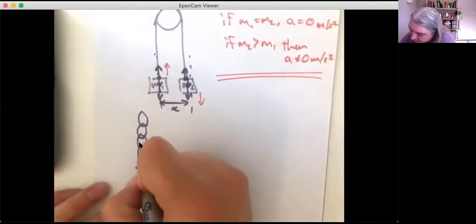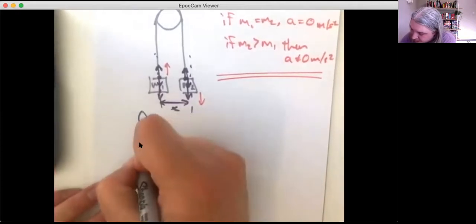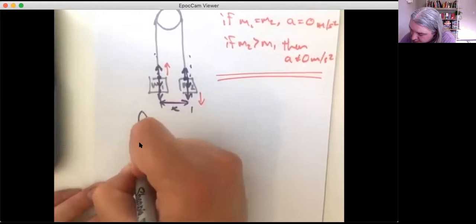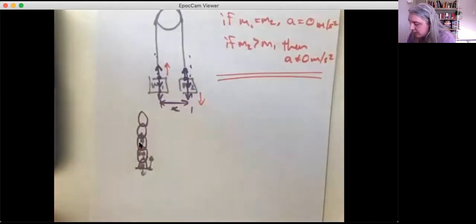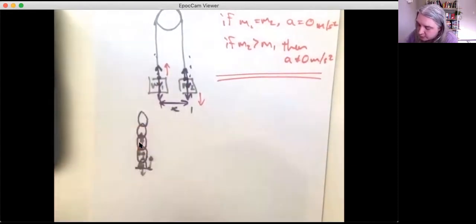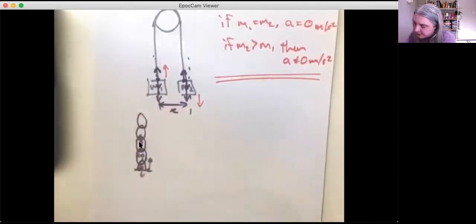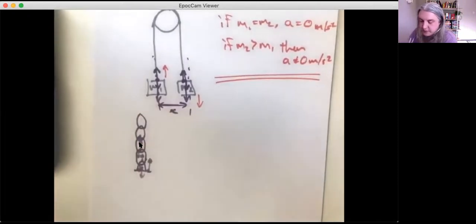So that'll pull that one up, which will pull that one down, and then that will pull this one up, and the next link will pull it down, and so on. And so we get all these Newton's third law reaction pairs all the way along between every chain link. And because every one is equal and opposite, if we think about this string as a system, remember that a system we can define as any collection of objects.